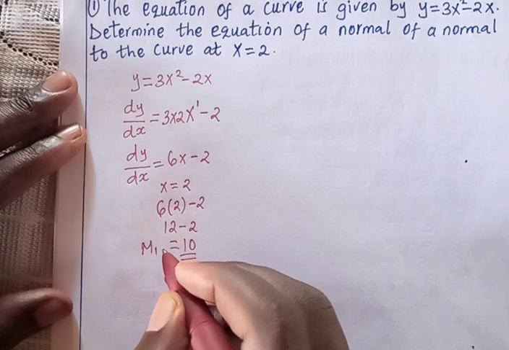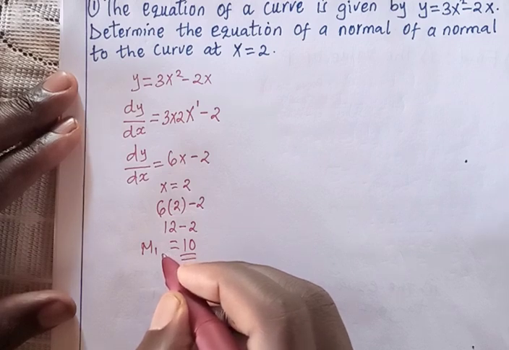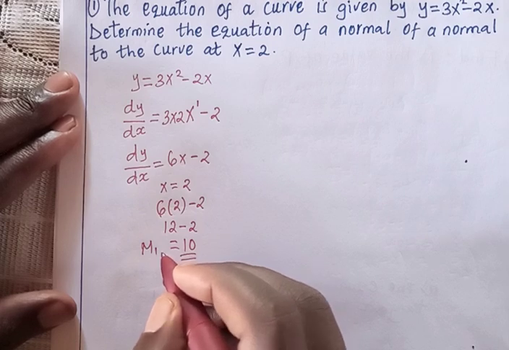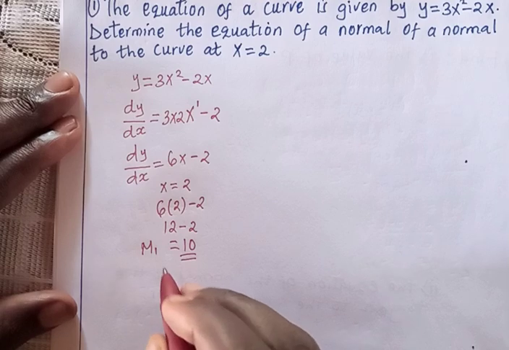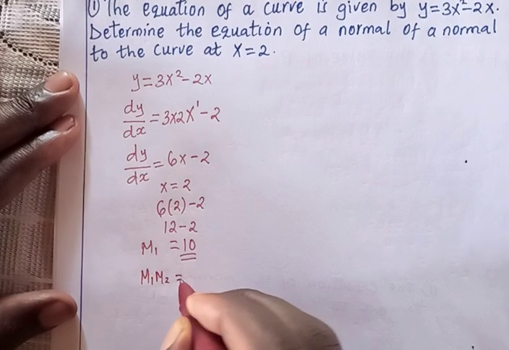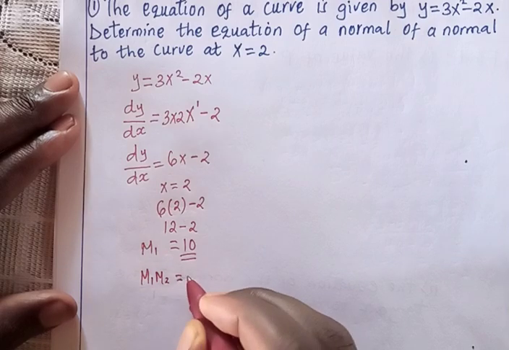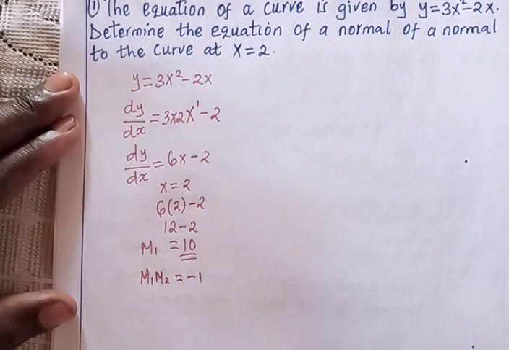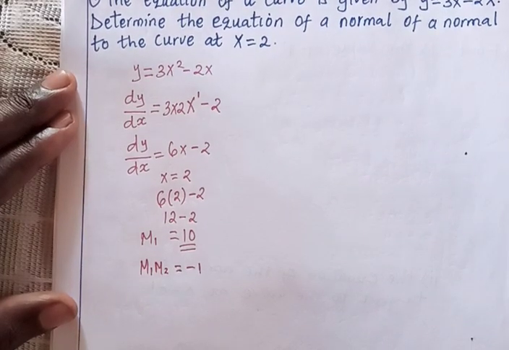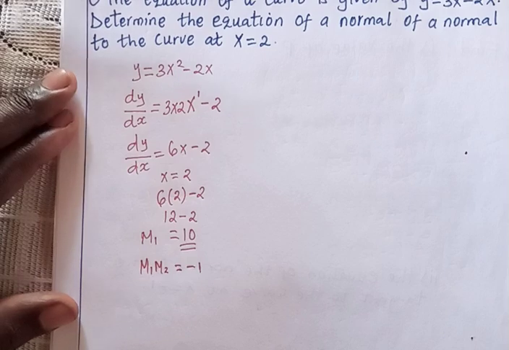Any time we are dealing with the equation of a normal to the curve, we need to remember the concept of perpendicular lines. We all know that m1 times m2 under perpendicular lines will give us -1. So the first gradient multiplied by the second gradient gives a product of -1.